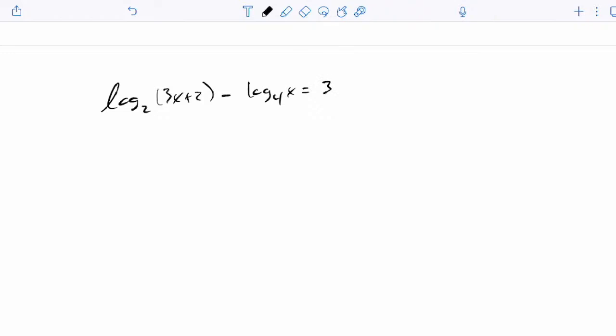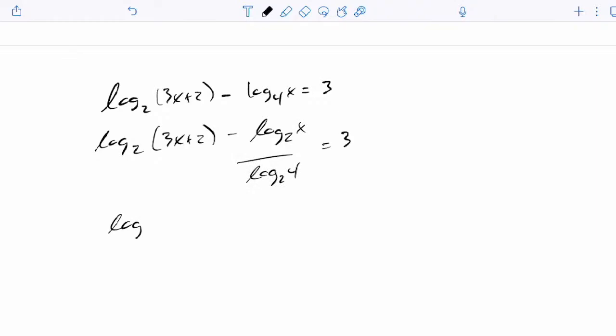So for this one here, what you're going to do is get yourself a common base. So change that base to base of 2. So log of the base I want of the top over log of the base I want of the bottom is 3. So you just do a change of base.